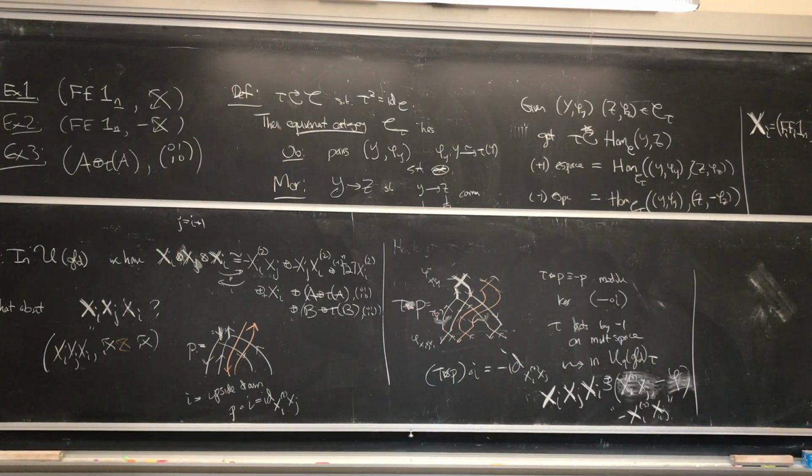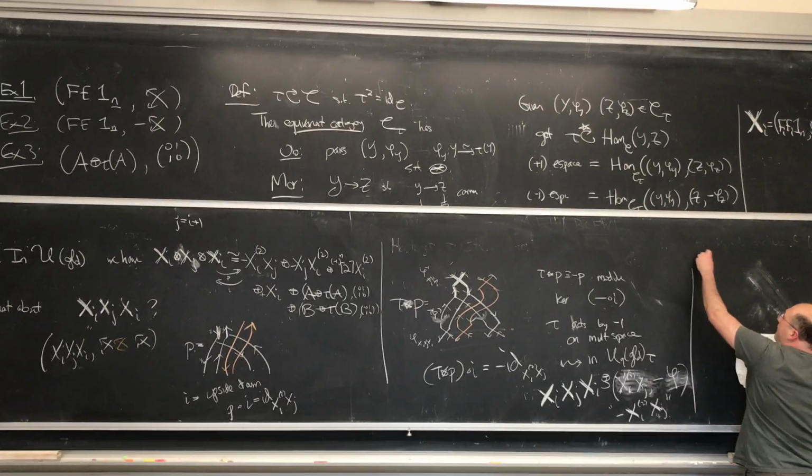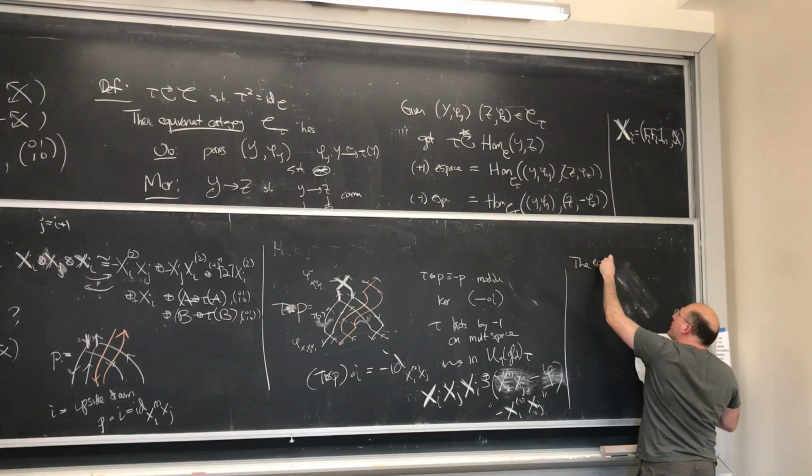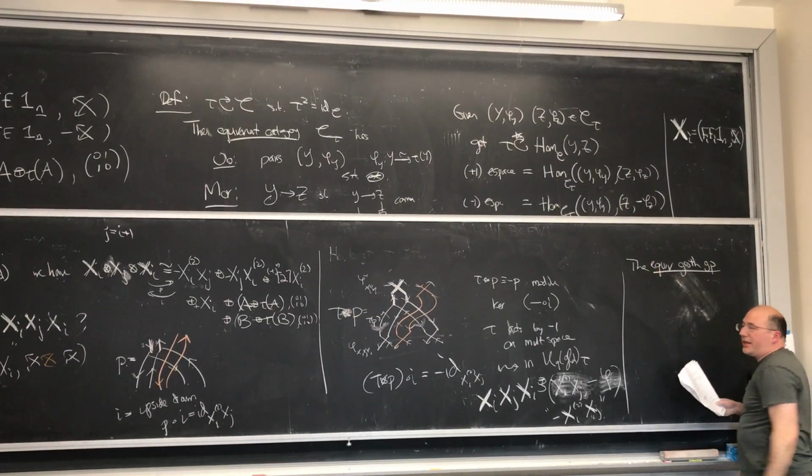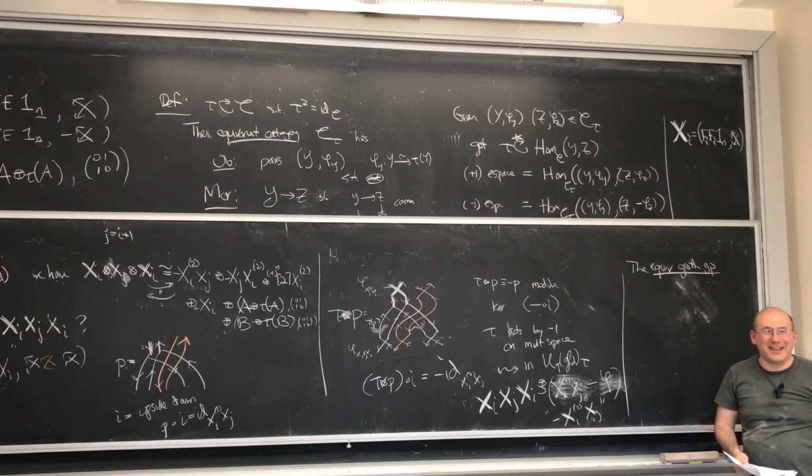Cool. So you have an equivariant category. What's its Grothendieck group? The equivariant Grothendieck group is not the Grothendieck group of this category. Okay?